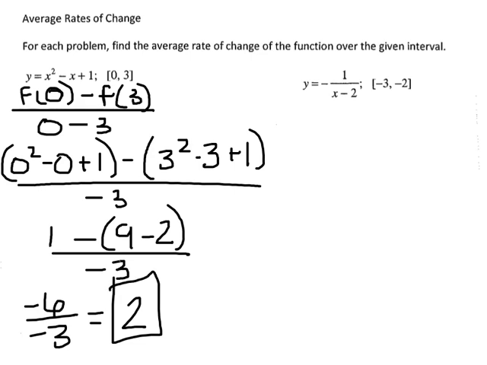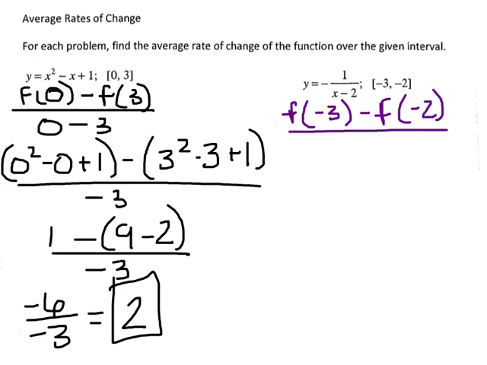Over here, number 2, we will have f of negative 3 minus f of negative 2 over negative 3 minus negative 2. So when we go to solve that out, we have negative 1 over x minus 2.